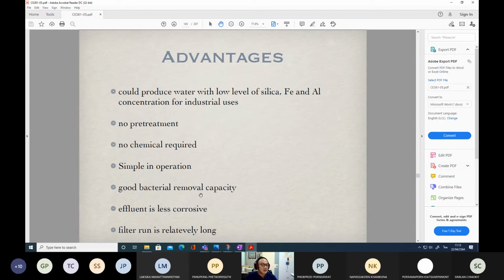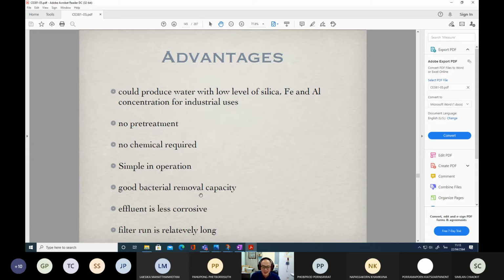All these metals can be absorbed onto the filter media surface as it moves slowly, which enhances the immobilization of these metals. No pretreatment is required, no chemical required.